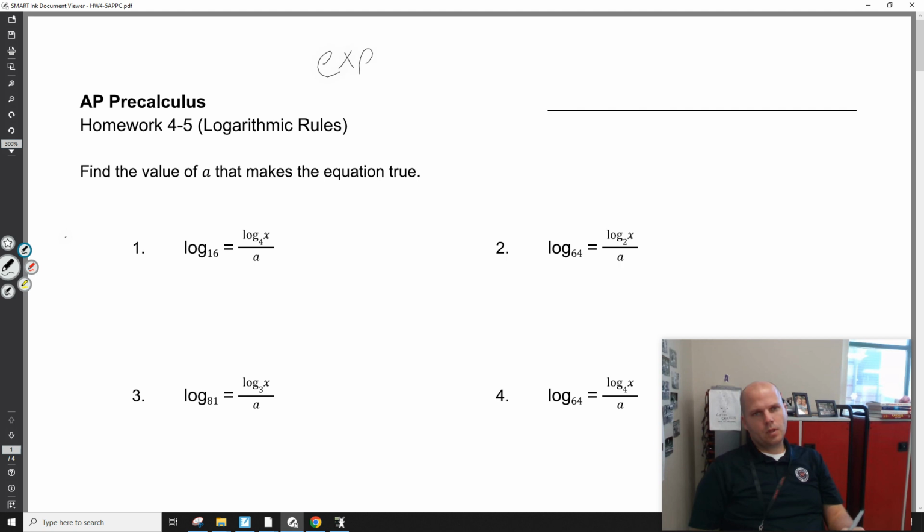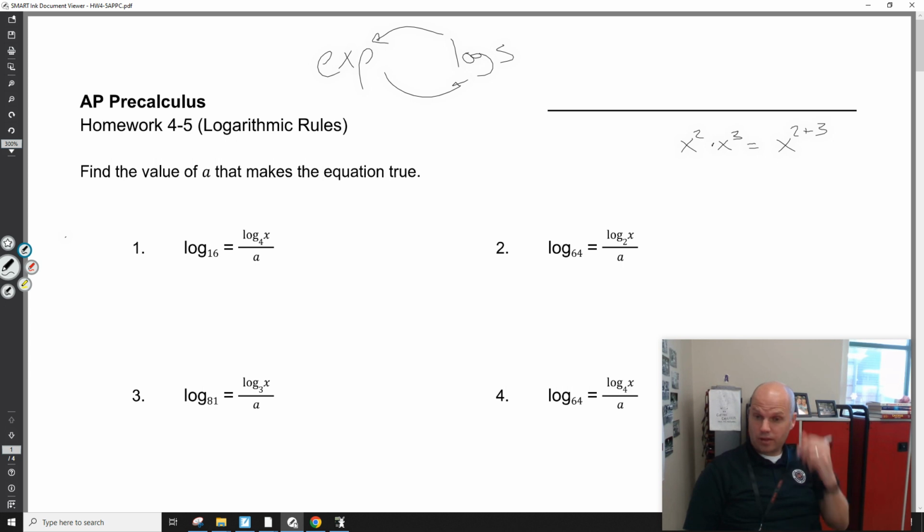Key to log rules is understanding really that logs and exponents undo each other, so they have very similar relationships to each other, and you'll find some rules are very similar. For example, we know that with exponents, if you are multiplying x to powers, or b to p, b to a, and b to c, you can add those exponents together.